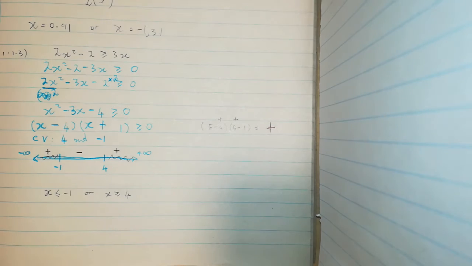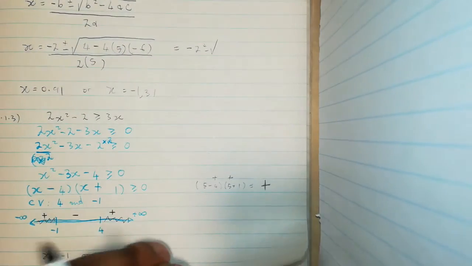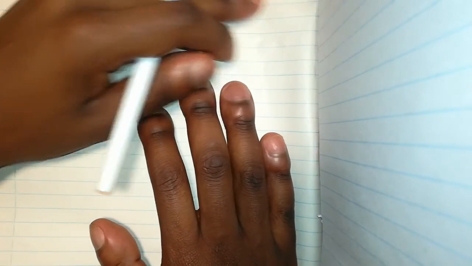That is how you tackle an inequality. Moving on to the next question. The next question is about using surds.